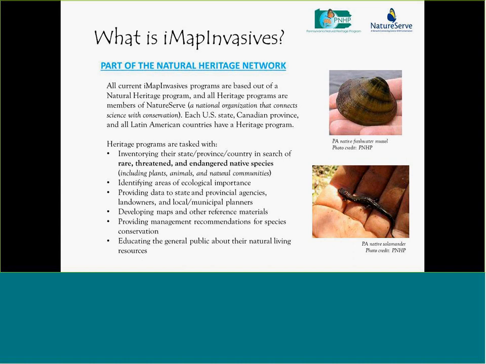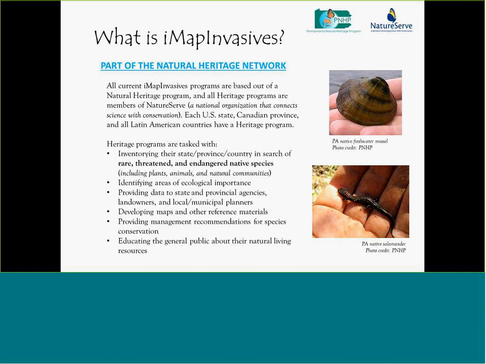And if you're not familiar with the natural heritage programs, these are organizations that are all very similar in the work that they do, where they focus their efforts on protecting rare, threatened, and endangered species. And the programs are part of NatureServe, which is a national organization that connects science with conservation. The programs that are part of Heritage encompass all of the United States, each state has a program, all of Canada, and also Latin America.